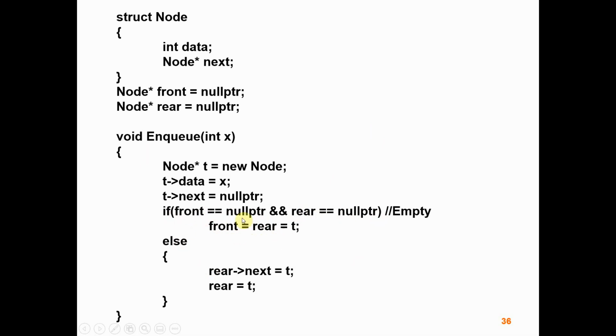It's not going to be pointing to nothing anymore. It's going to be pointing to the node that we just enqueued. Otherwise, we just make rear point to the newly allocated node, and change the rear of the linked list. We covered that in the pseudocode.